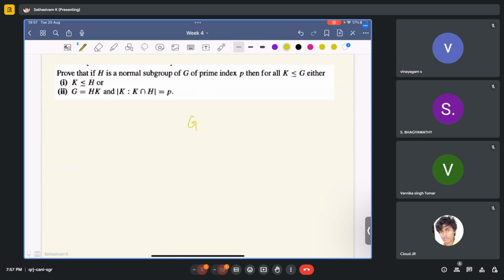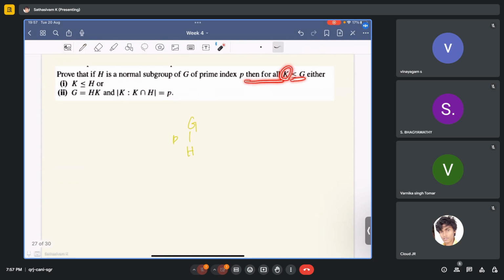You have G here, and you have an H here, with this index here, which is a prime P. Okay, so the index is P. Then for all K, which is a subgroup of G, so you take any other K here which is a subgroup of G, what you have is either K is contained in H, or G is equal to KH. Okay, so this is a product of the groups, and this index is actually P.